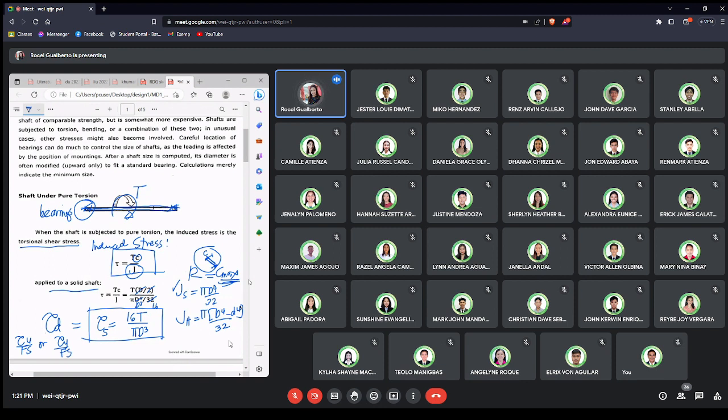So, it can be tau u if based on the ultimate strength, and tau y if based on the yield strength. Question? Hello? None yet, ma'am. Okay. So as I said, this is just the same as what we have tackled on members under pure torsion.